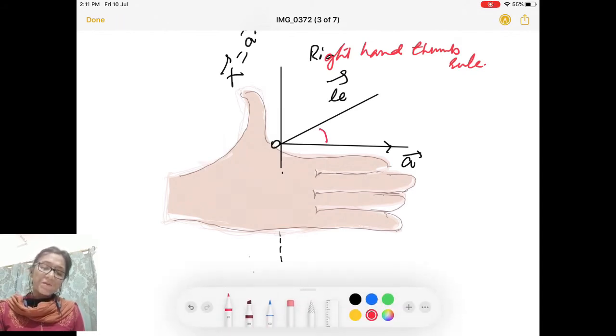The angle between the two is theta. So the direction according to the right hand thumb rule of A cross B can be realized in this way.